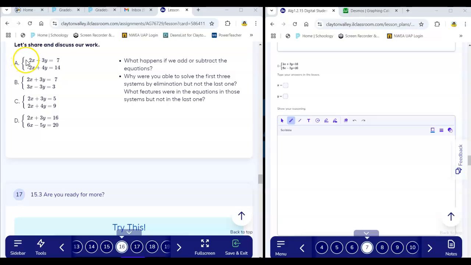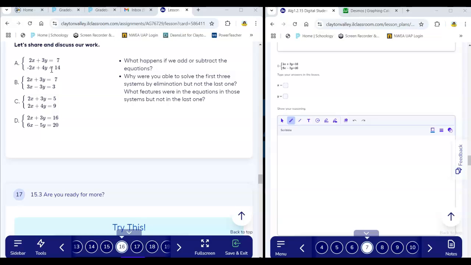In all three of these, you had coefficients of one of your variables that were opposites of each other and would cancel each other out when you added them together, which only left you with one variable, which is what you can solve for.